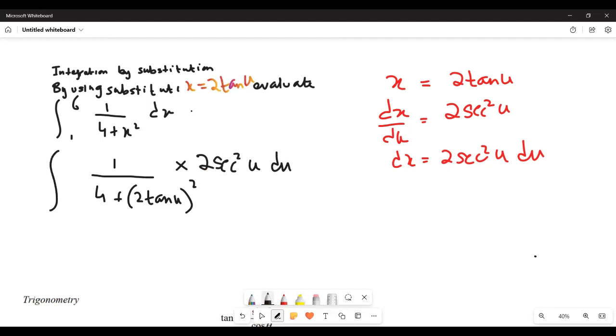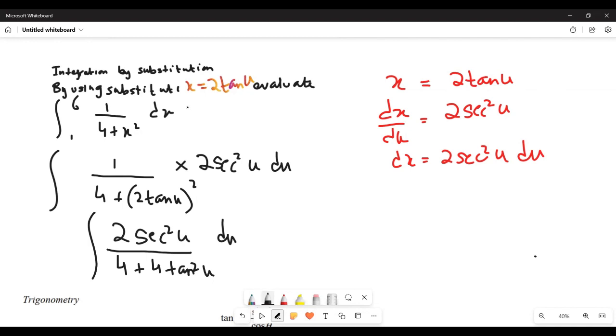Then we get 2 secant square u du in the numerator, and we get 4 plus 4 tan square u in the denominator. Notice that I did not write the limits 1 to 6.